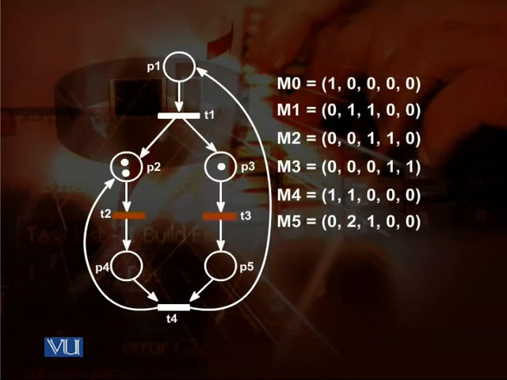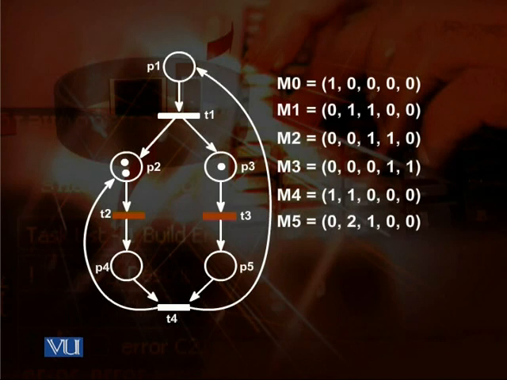So, once again, 1 token has been incremented. We started with only 2 tokens in marking M4, and in the marking M5, we now have 3 tokens in the system. The same thing happened in M0 and M1. In M0, we had only 1 token, and in M1, we have 2 tokens.